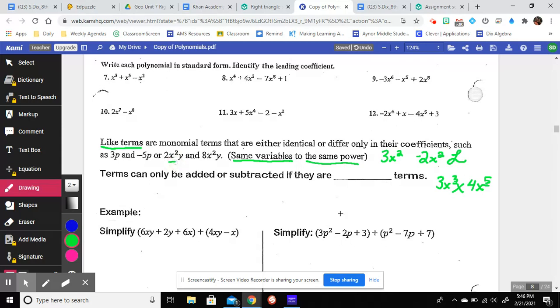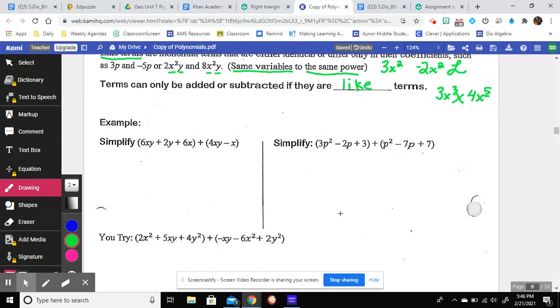So see how this x has a power of 2, this x also has to have a power of 2. And this y is to the first power, and this y is to the first power. That's what makes them like terms. The number in the front, called the coefficient, can be different. Terms can only be added or subtracted if they are like terms. If terms are not the same variable to the same power, we can't add them together. We have to leave them written side by side.